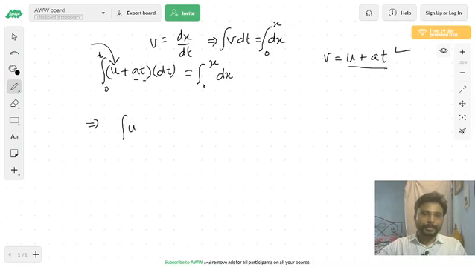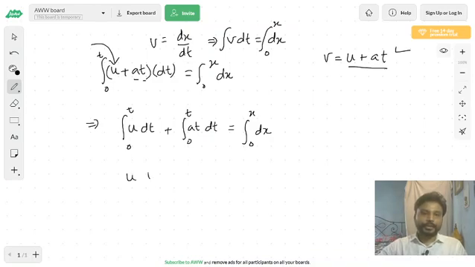We separated u and at, so this becomes integral u dt with limits 0 to t, plus integral at dt with limits 0 to t, and then integration 0 to x dx. Now we have to integrate u dt. How do we do that?